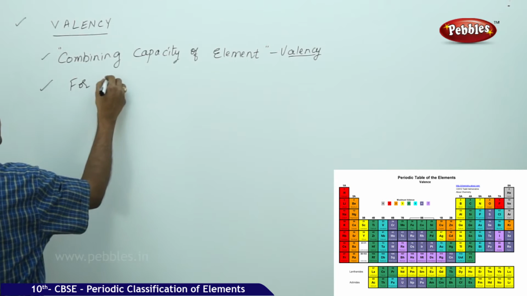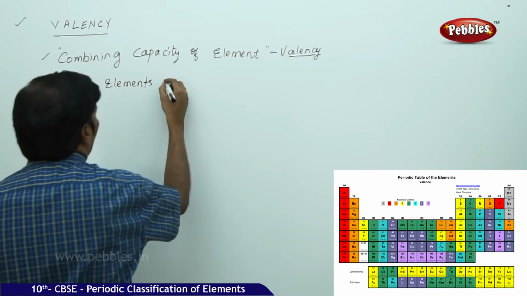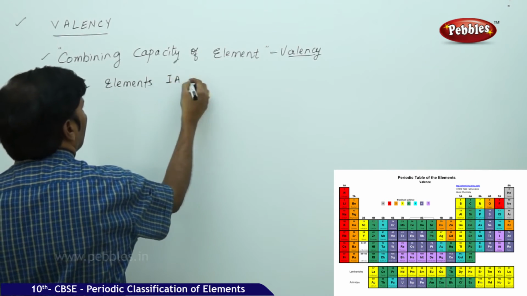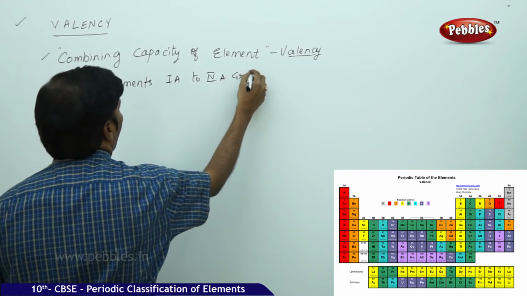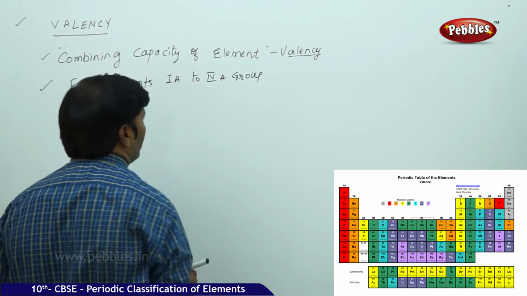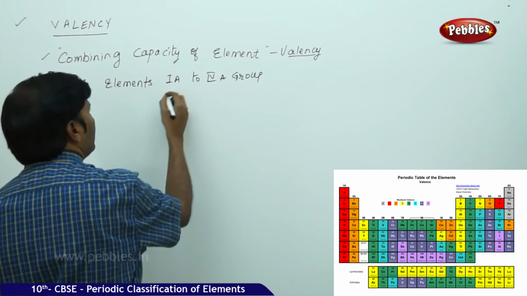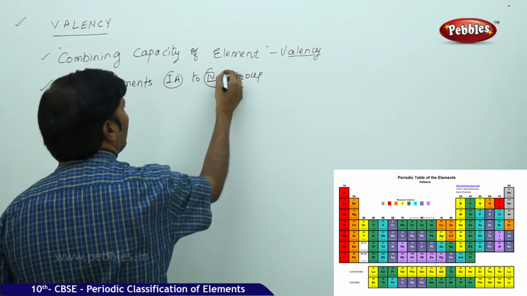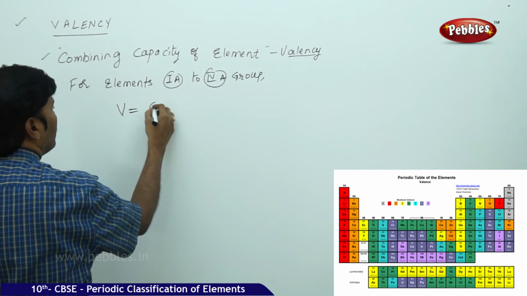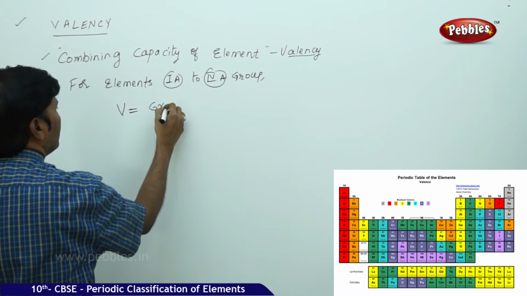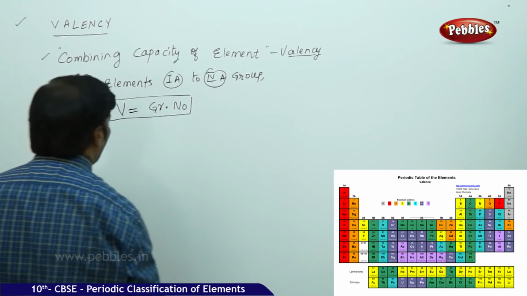For elements from 1A group to 4A group, valency is calculated by valency is equal to group number.